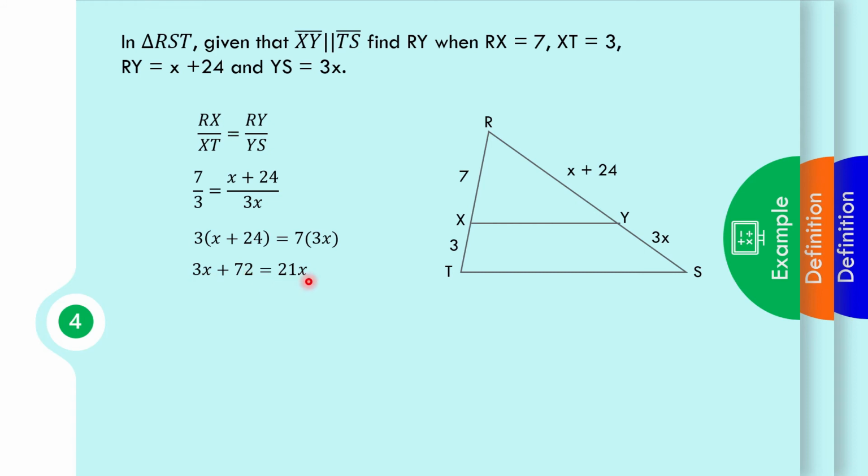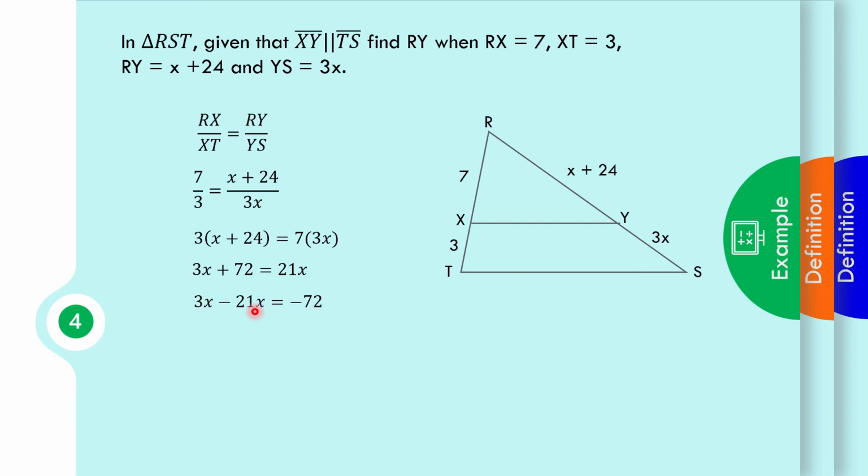So again, let us use the addition property of equality, or simply transpose 21x to the left side of our equation and 72 to the right side, so we can isolate the terms with variables and the constant. Therefore, we will have 3x minus 21x is equal to negative 72.